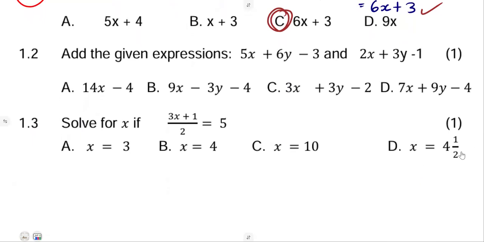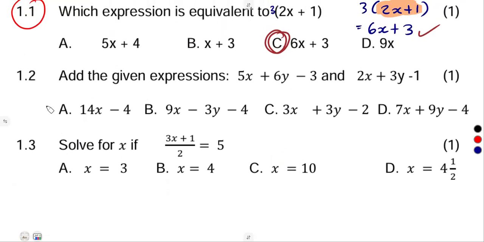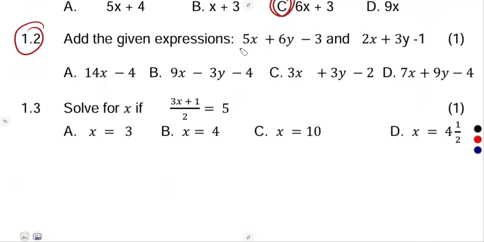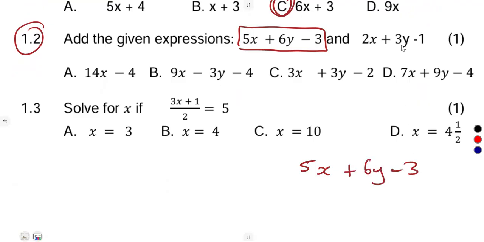Then 1.2, we have got add the given expressions. Let's see what we are given. The first expression to add is 5x plus 6y minus 3. Add to this one. As we can see, it's x, y followed by a constant, x, y, and a constant.